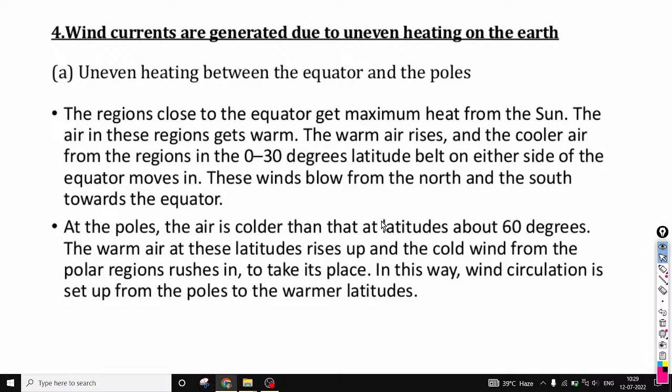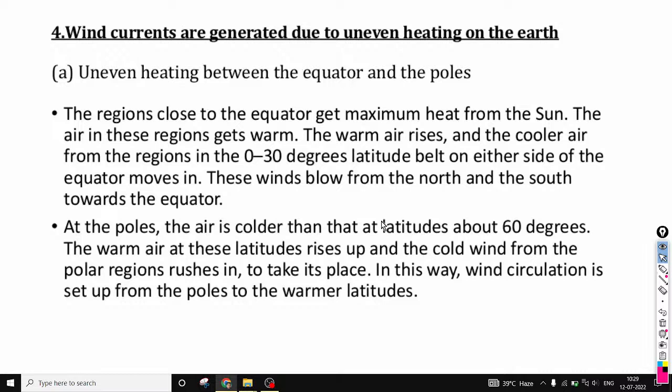So there is uneven heating between the equator and the poles. As you know, we have the south and north poles, and we have the equator. Around the equator the heating is roughly equal, but not equal throughout the year, because in the tropical region of the northern side and the tropical region of the southern side, different time periods bring different kinds of weather, causing uneven heating of the earth.